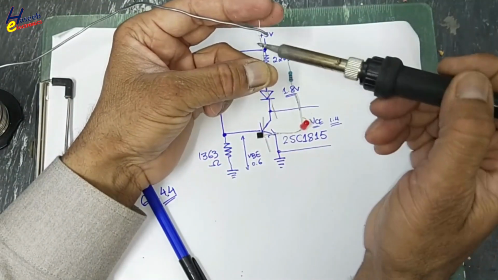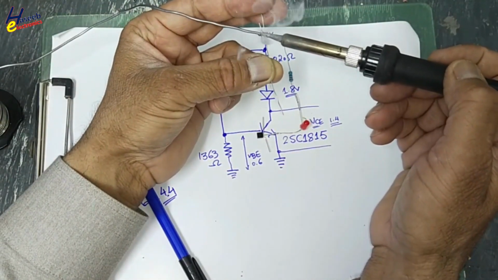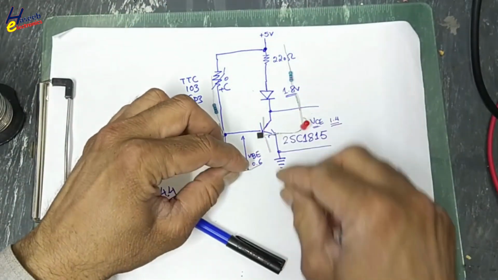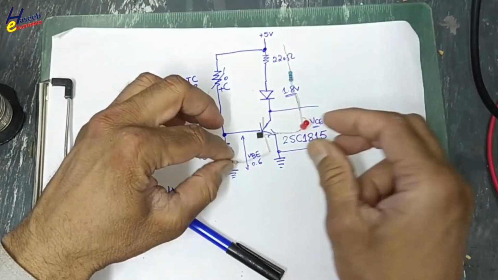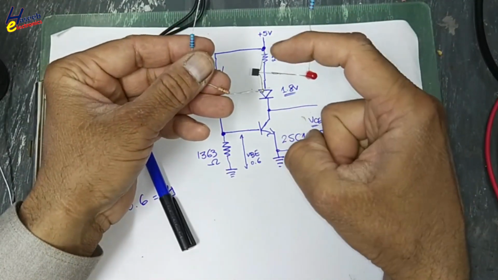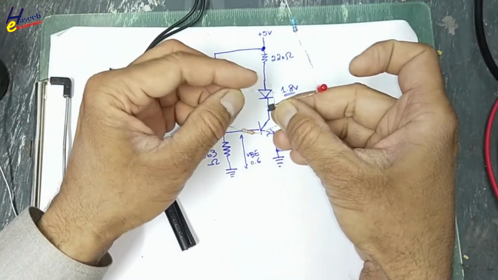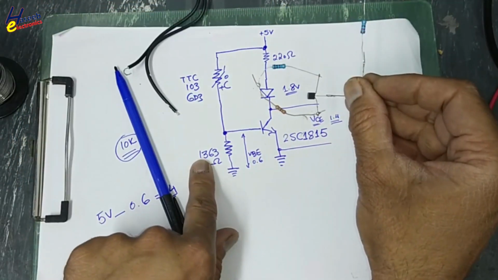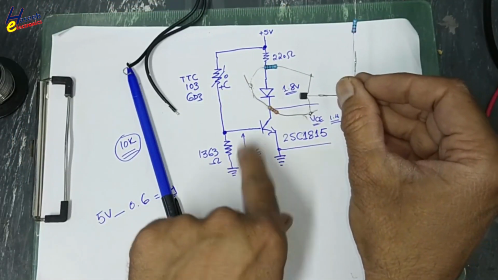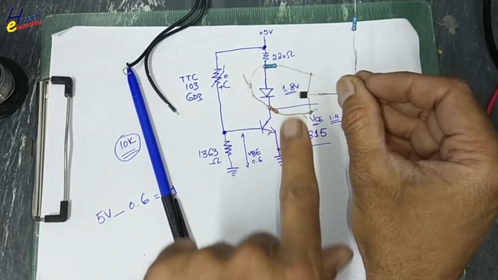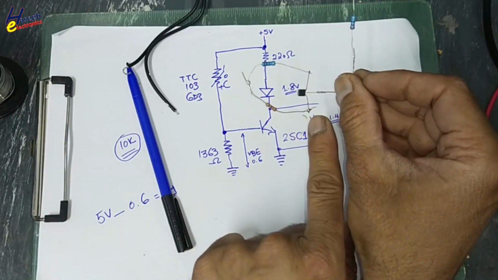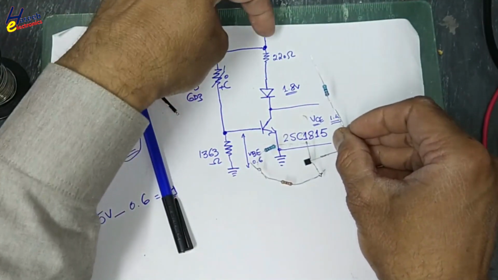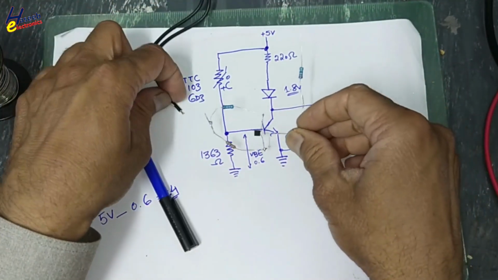So it will become around 1330. This end will be connected to this emitter. This is base. We will connect this resistor at the base. It is 1363 ohm resistor, but I am using 1330 ohm between emitter to base, and between base and this point I will use this NTC.